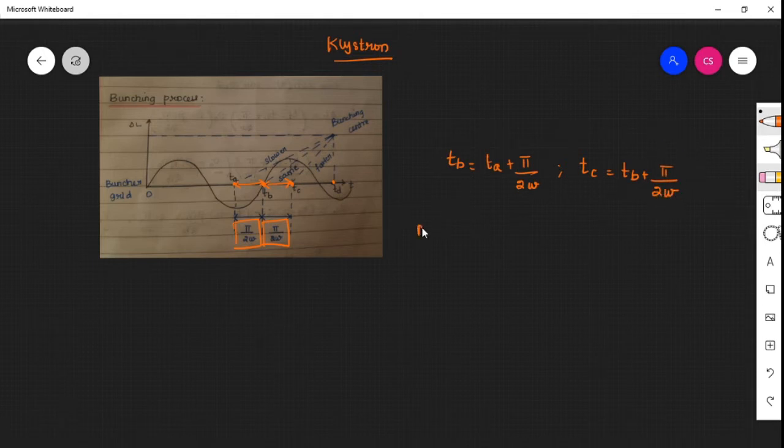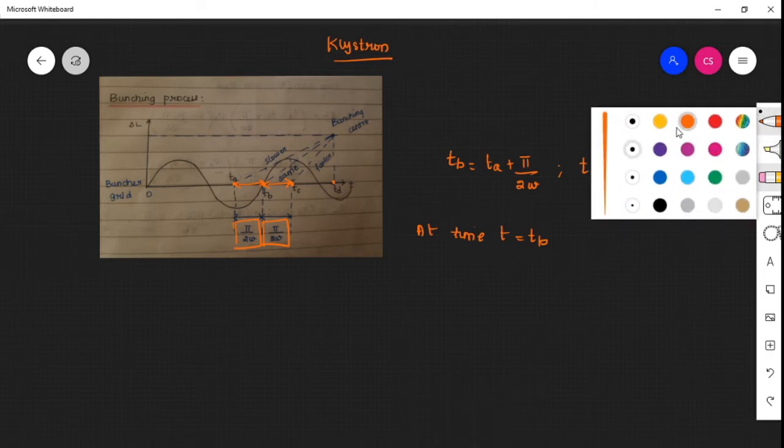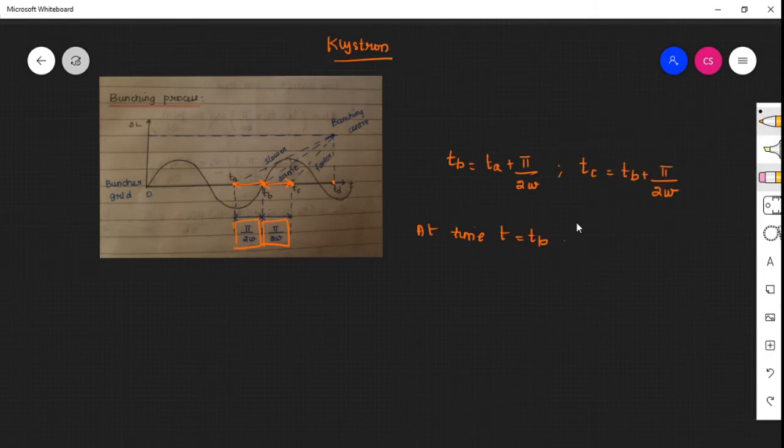Now, let us consider the time. First, we will take the same speed electron because it does not get altered. So, at time t equal to TB, we are going to write down the length of the buncher gap. We know the distance is equal to the time into the velocity value.